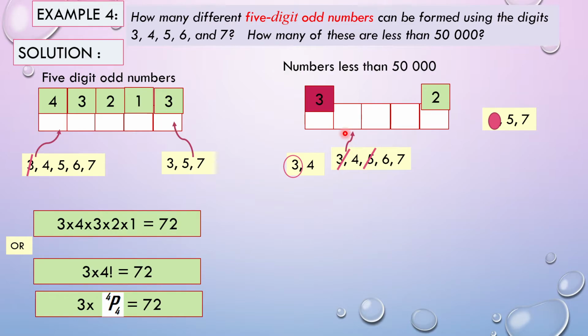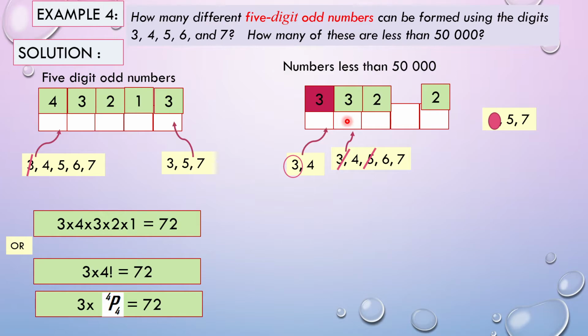Now we have only 3 options for the second box. For the second box, we can put in digit 4, digit 6 or digit 7. So we have only 3 options here. Next, reduce 1 because one is already occupied in the second box.